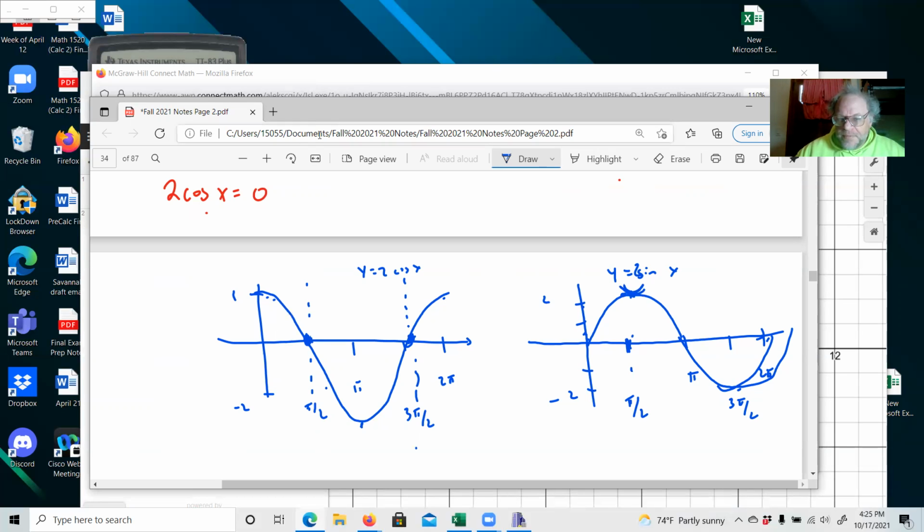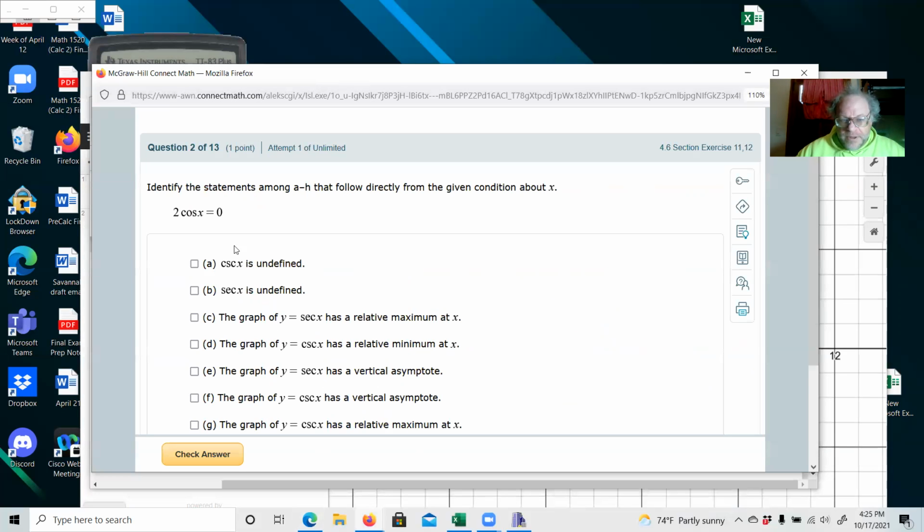So let's go into what we're going to be doing here. Identify which condition about x. Secant is undefined. Cosecant is perfect. The graph of secant has a relative maximum? Graphs of secants do not have relative maximums.